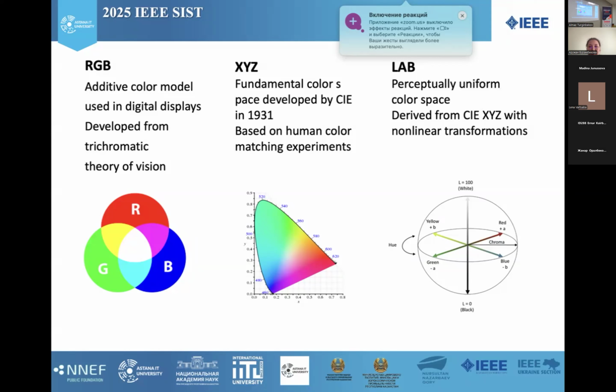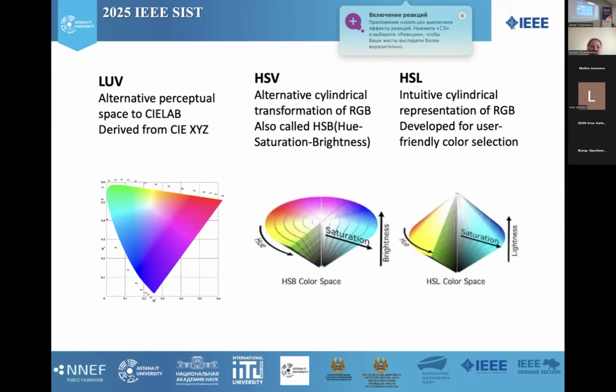Next one was the famous Lab. It was designed for perceptual uniformity with different characteristics and structure, and it's widely used in industries like textiles and printing. Next one was CIELUV, which is similar to Lab, but optimized for additive color spaces and displays.